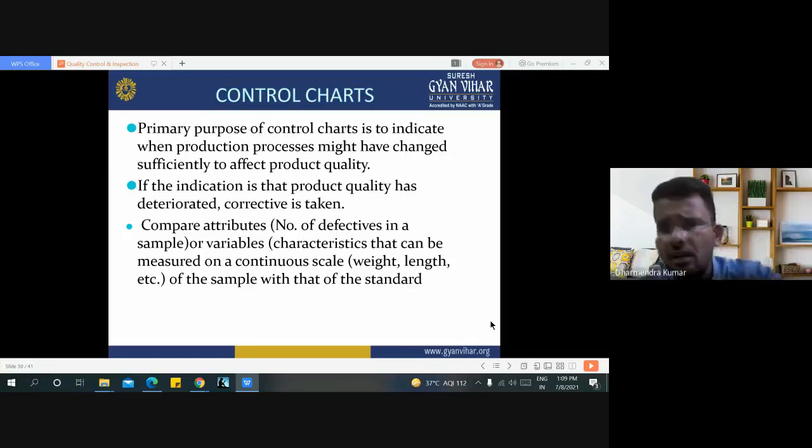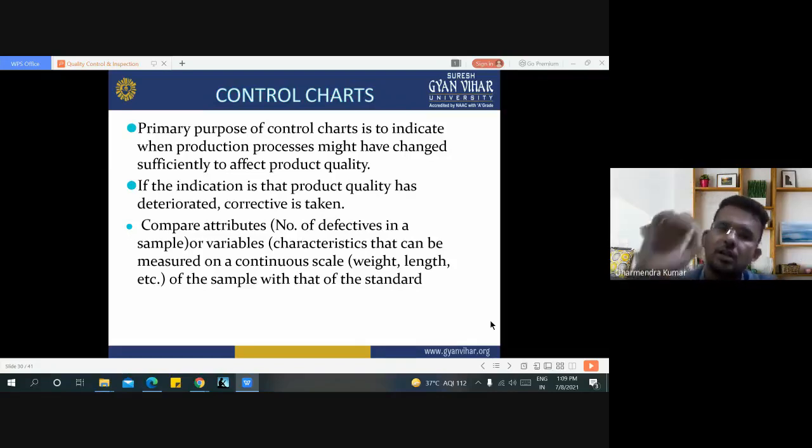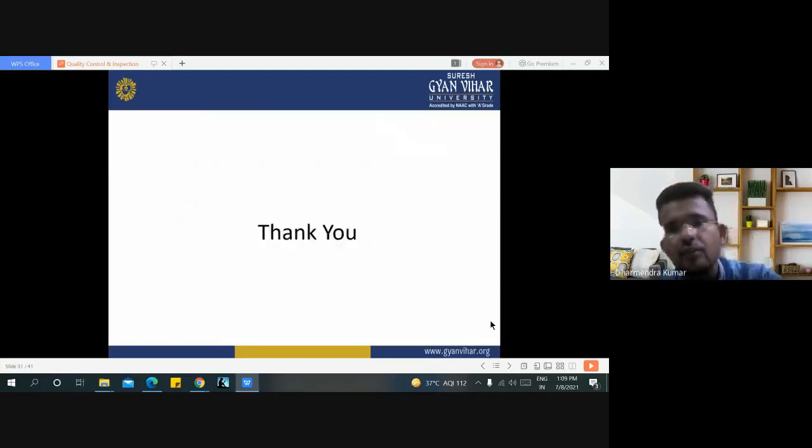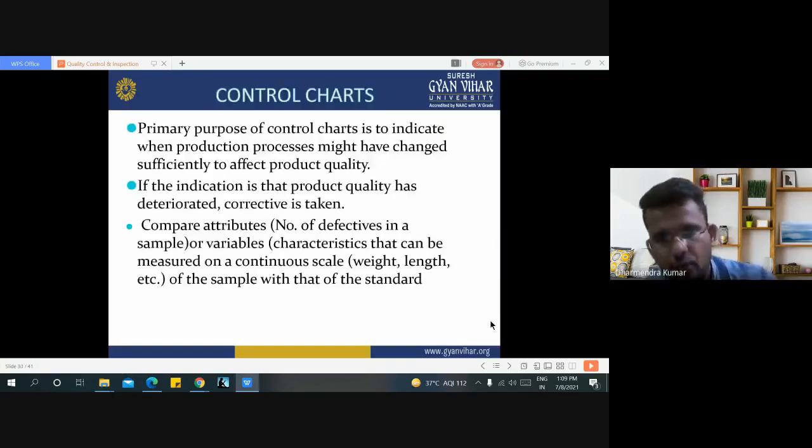Compare attributes here: it represents the quality of the product which we got from the final product. It is a comparison of our set standard prerequisite qualities with the qualities of the product coming from production. If we find any deviation, then we must change some manufacturing process or some component of the machines.